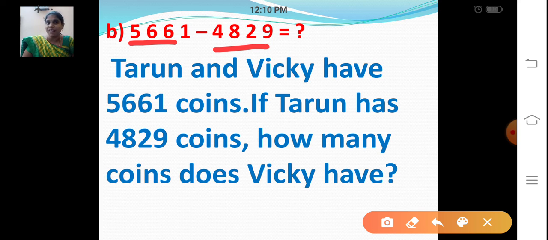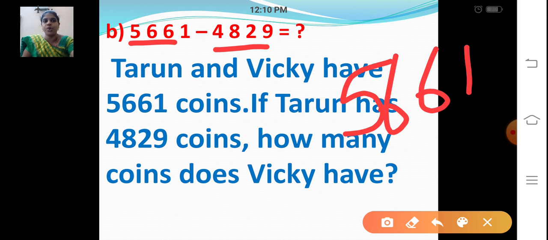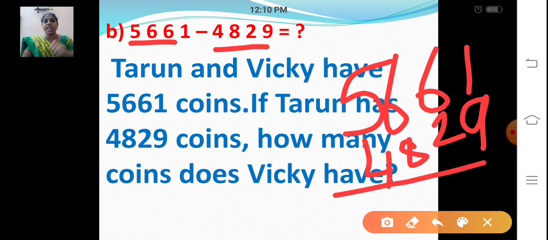Tarun and Vicky have how many coins altogether? 5,661. Both are having 5,661 coins altogether. So from that, Tarun is having 4,829 coins, and you're going to tell me the answer. How many coins does Vicky have?